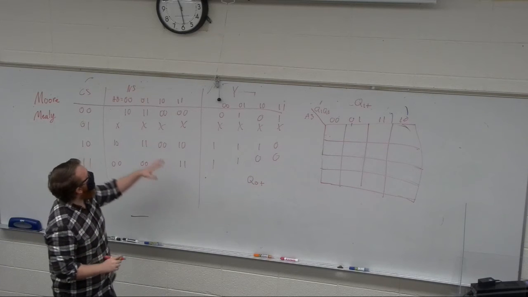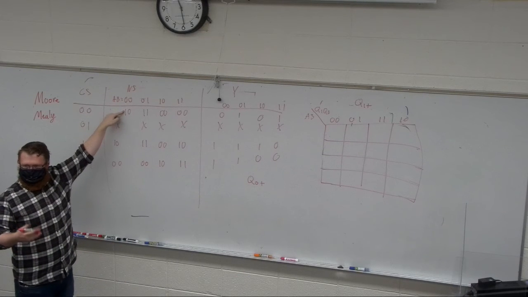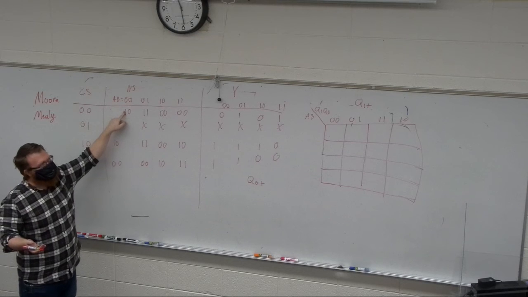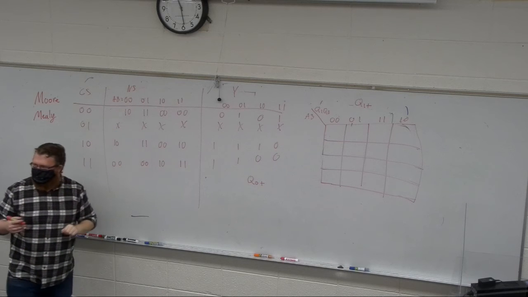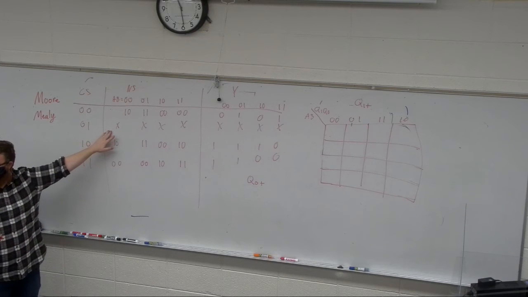But given that this is Q1 plus, the next Q, do you guys think that you could go in and fill out this K-map? Yeah, so let's start off with Q1 plus. First off, we have a whole row of don't cares, regardless of Q1 or Q0.